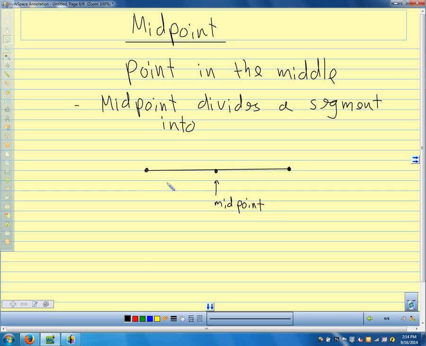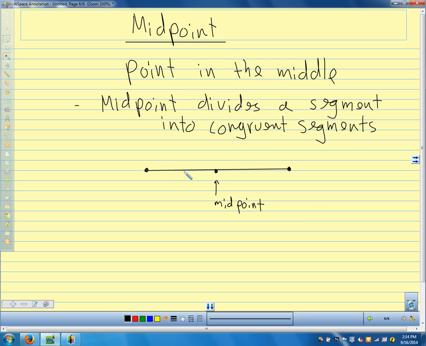So what do we know about these two segments on either side of the midpoint? They're equal distance. They're the same. So we're going to call them congruent segments. The midpoint divides a segment into congruent segments.